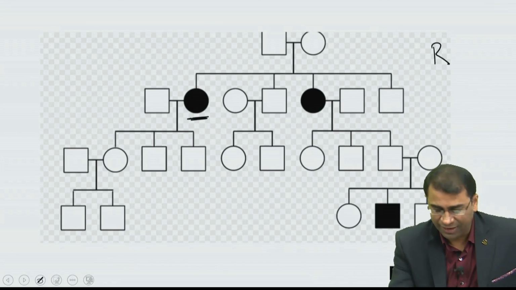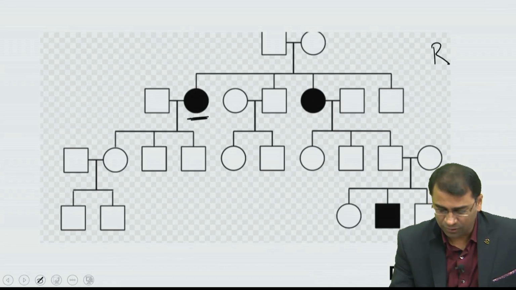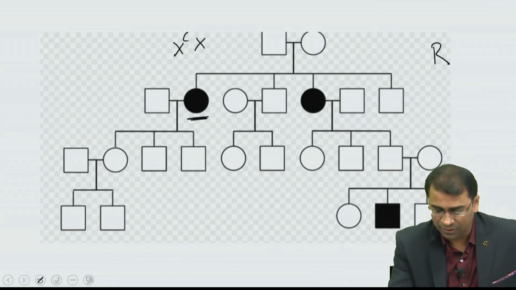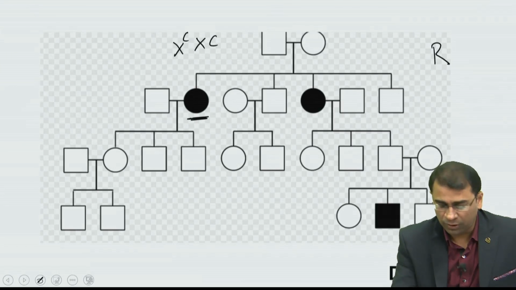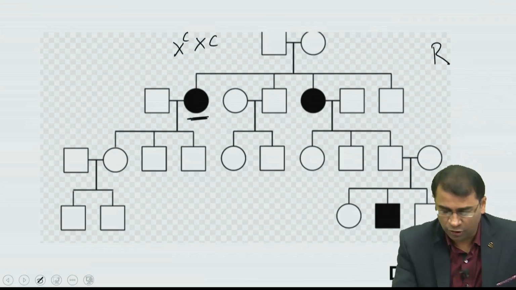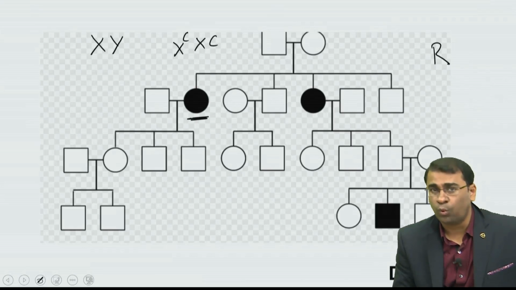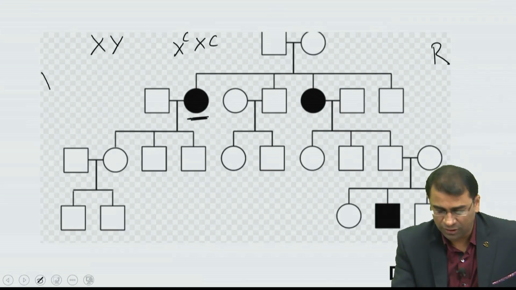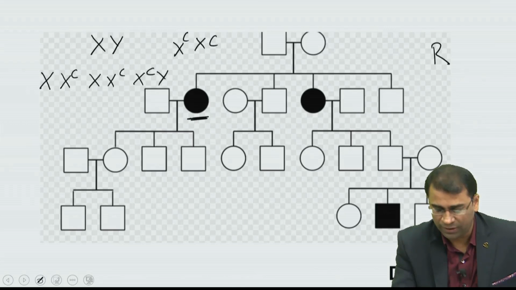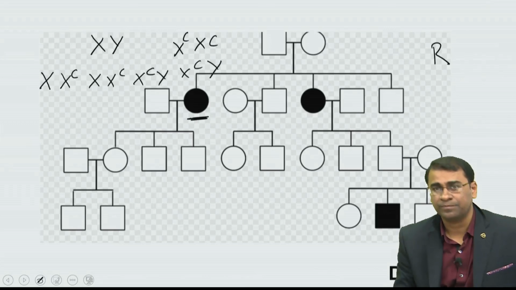She should have XC and XC. Only then she can be diseased. But what about her partner? He is normal, XY. So what is the progeny? X XC, X XC, XC Y, XC Y.